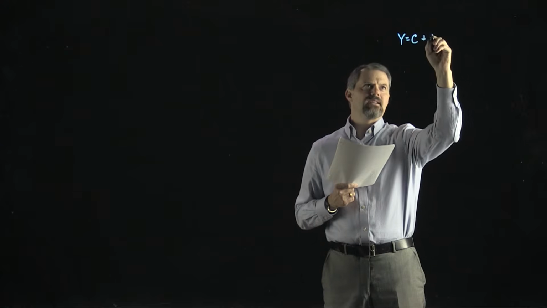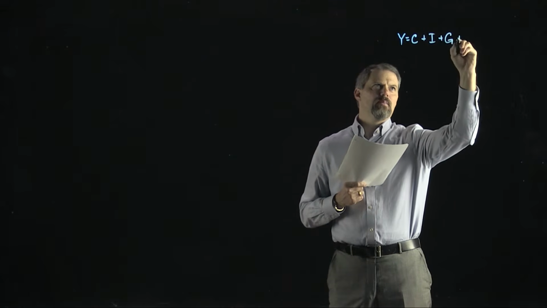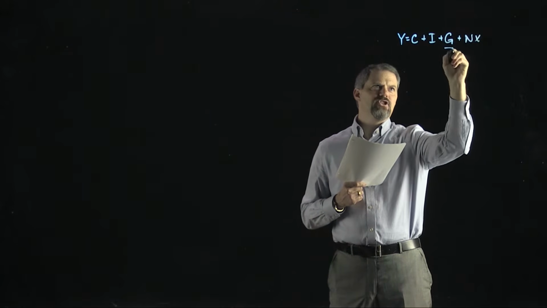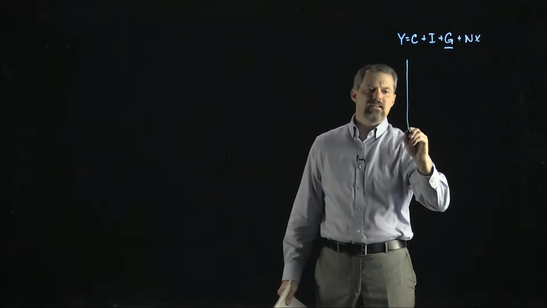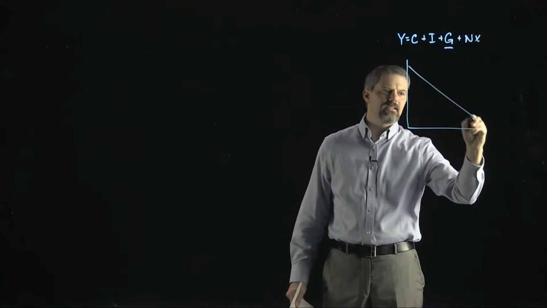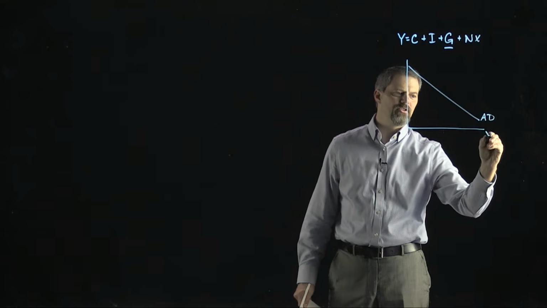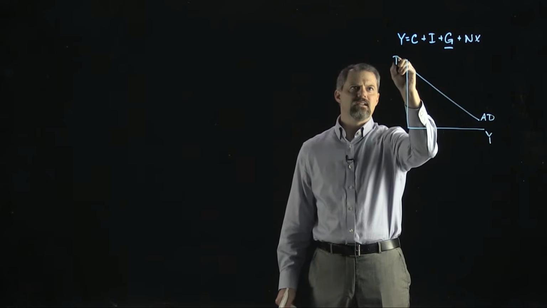So let's go back for just a second and quickly review why the aggregate demand curve slopes down. We talked about 3 reasons that the aggregate demand curve slopes down. Remember that Y equals C plus I plus G plus net exports, and G is under the control of the government. So in order to understand why the aggregate demand curve looks like this, here's aggregate demand, here's real GDP, here's the price level.